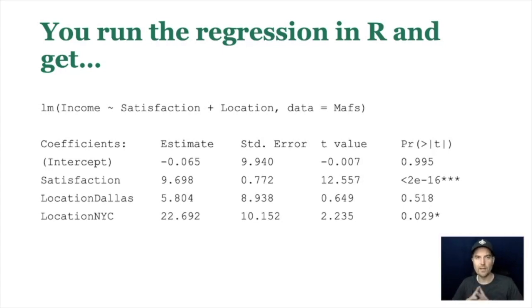So we ran income predicted by marital satisfaction and location. And we have a couple of significant variables. So we have satisfaction, and the location, New York City, is different than the reference group. So what does this mean here?